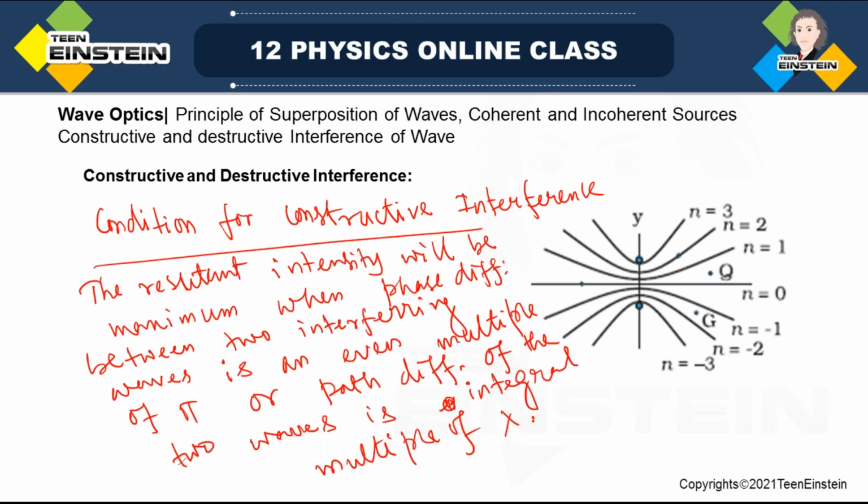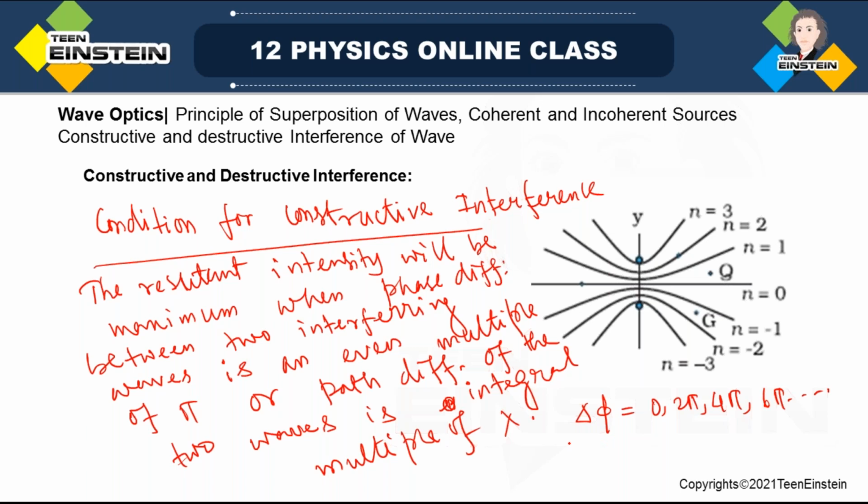Okay, so that means it will be maximum when your phase difference delta phi is an even multiple of pi, that is, either 0 or 2 pi or 4 pi, 6 pi, like that.